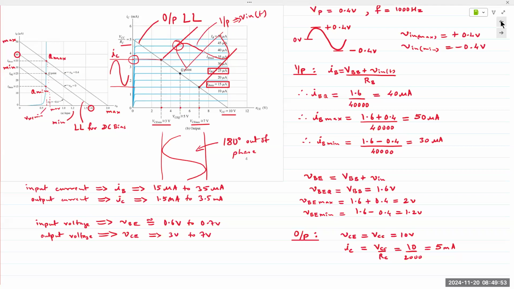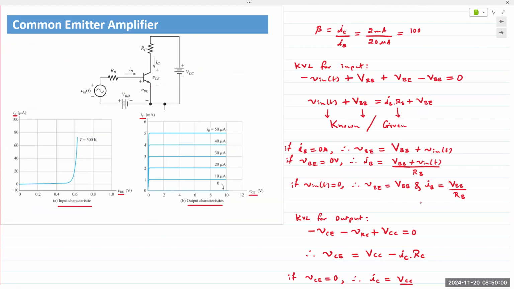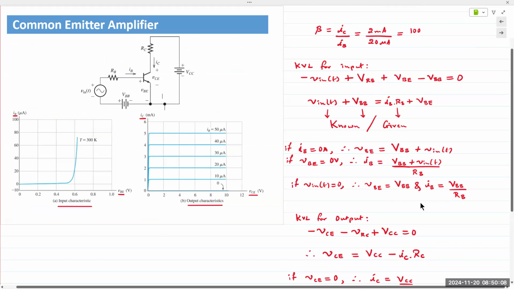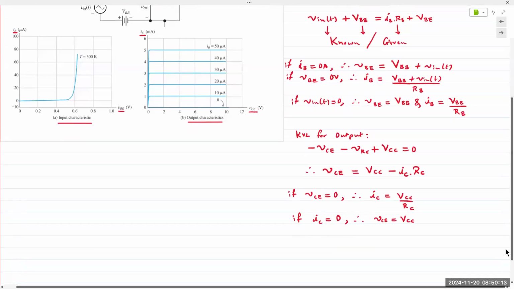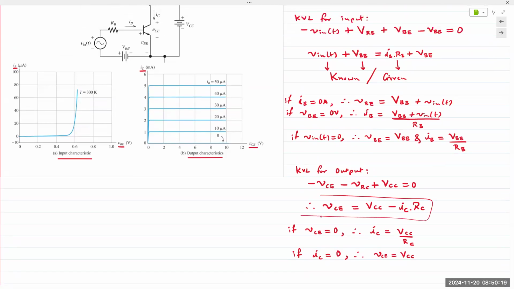So let's look at when V in is 0, what is our output? Not VCC, VBQ. But look at our output equation right here. VCE is our output.